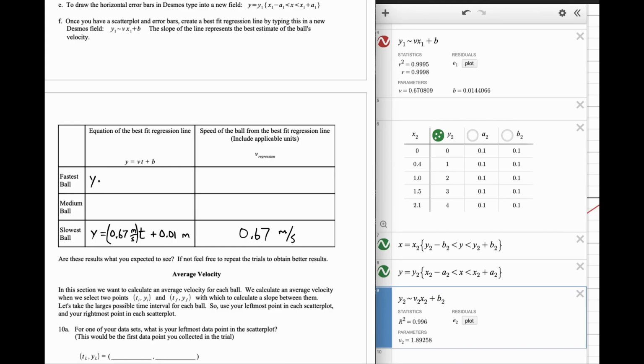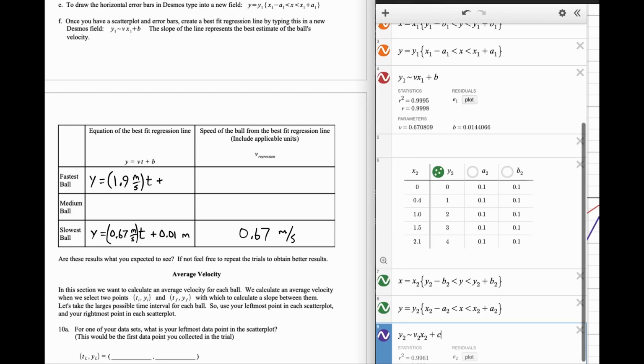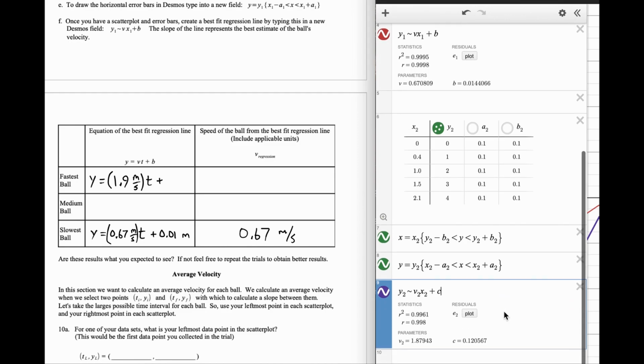New equation, y equals 1.9 meters per second t plus, it looks like it didn't like the B2, so I just came up with a new constant there, just C for it. 0.12.